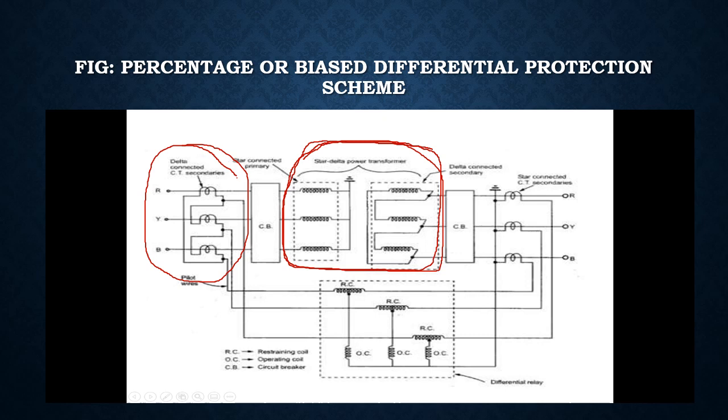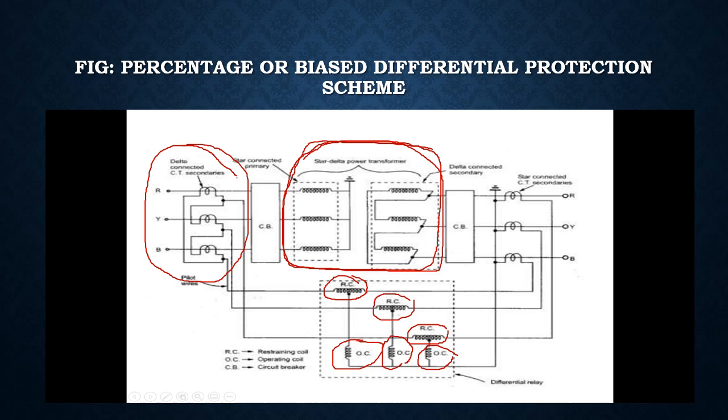Okay, where RC represents the restraining coil, and OC represents the operating coils. If the restraining coils are not present in the protection scheme, then the scheme is simply known as the differential protection scheme.